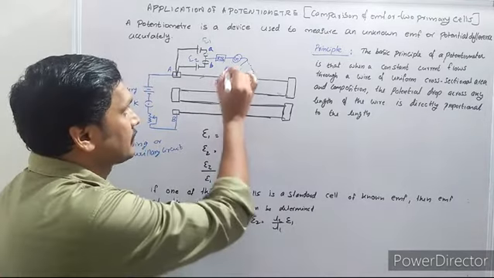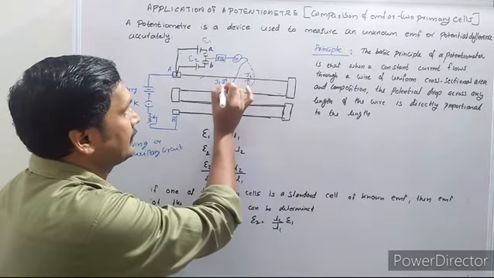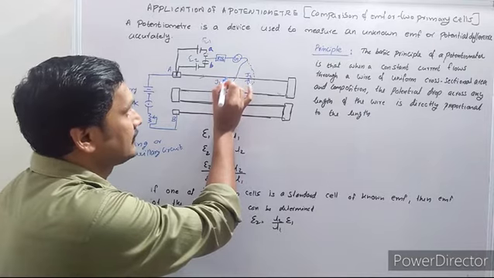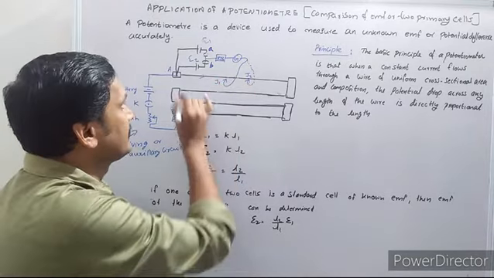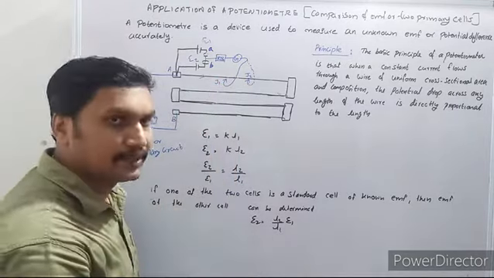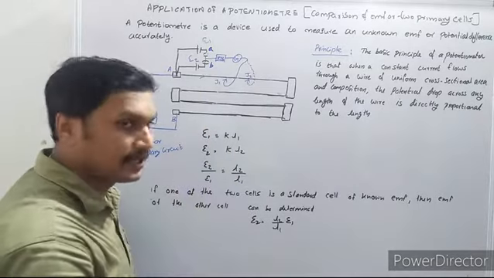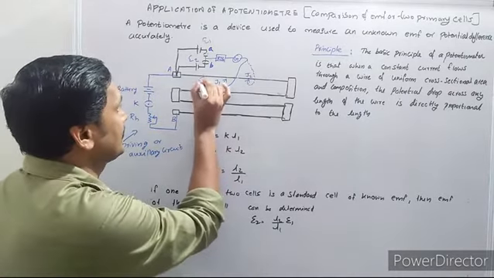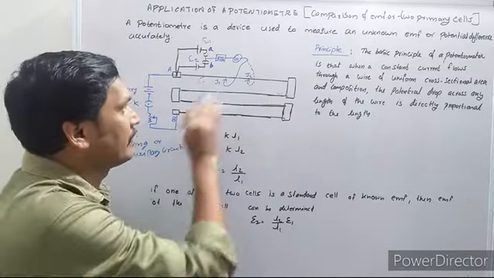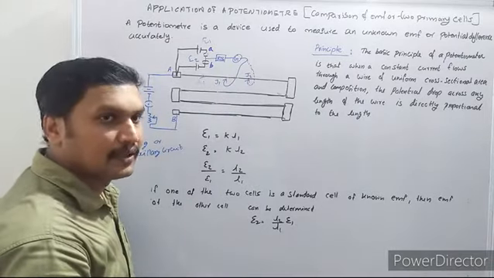That is the galvanometer showing zero deflection when the jockey is at this point. Say this length AJ1 is equal to L1.